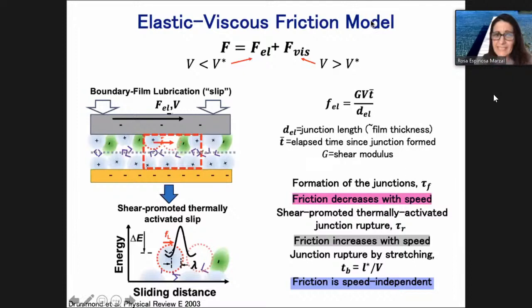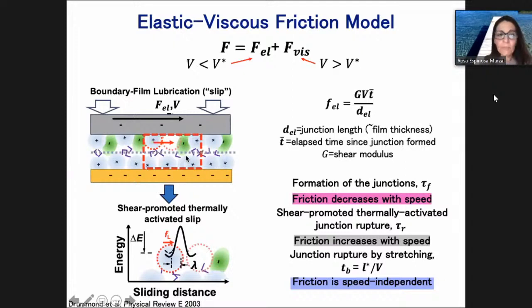Okay, the second component is the elastic component, and we use a model proposed by Drummond et al. for friction between surfactant monolayers, and that is based on Chaudhury's model for rubber friction. And so it assumes that during sliding, multiple physical interactions between the ions at the slip plane form and break.